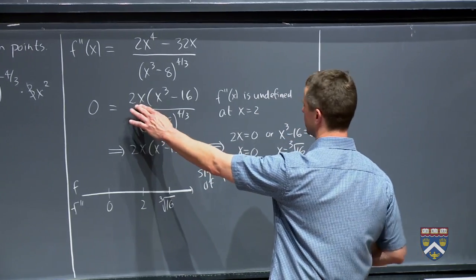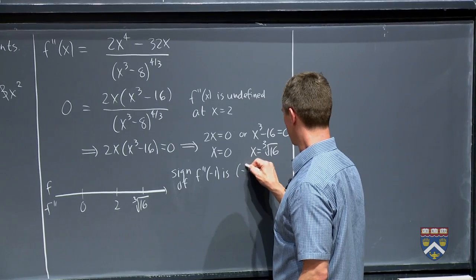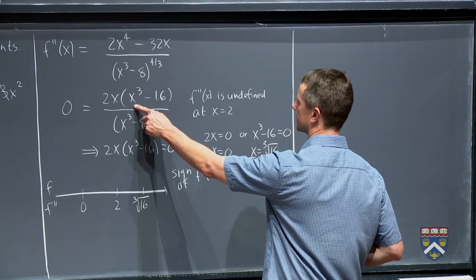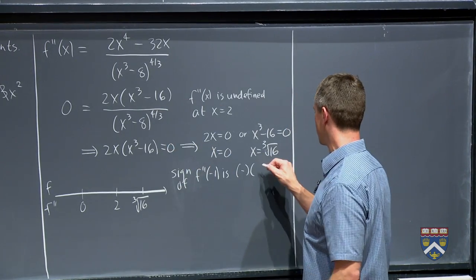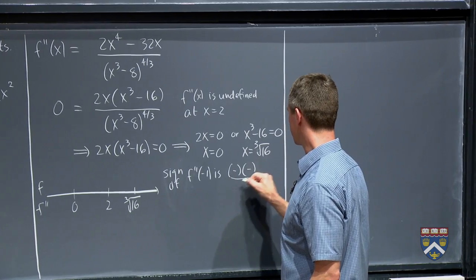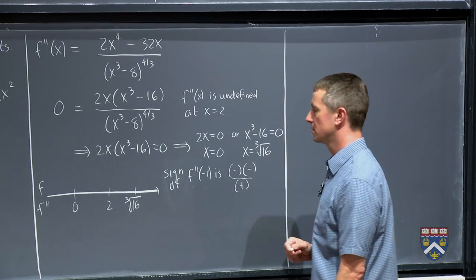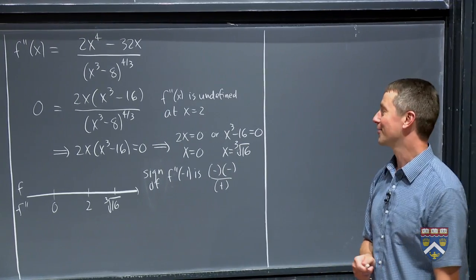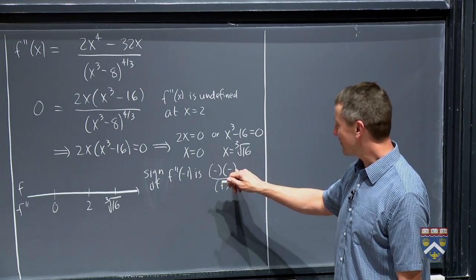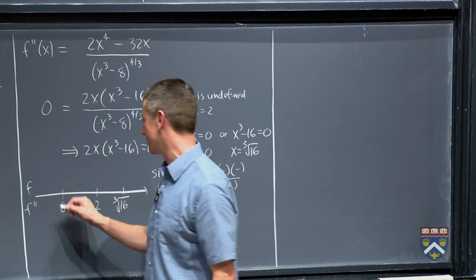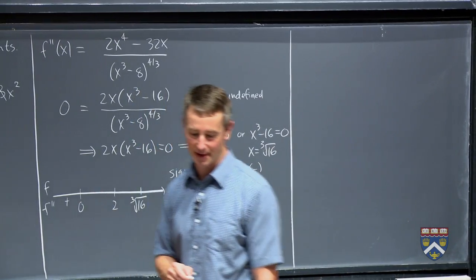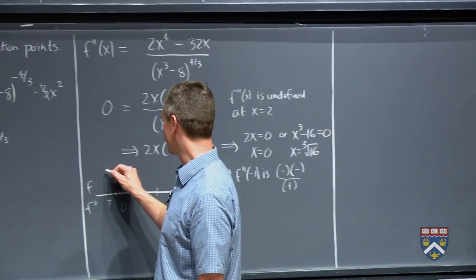Two times a -1 will be a negative. -1 cubed minus 16 will be a negative. And you told me the denominator is always positive. I mean, I heard you telling me that. I hope you said that. So we get positive over positive, which is positive. So what does that tell us about the concavity of f out there? We are concave up.